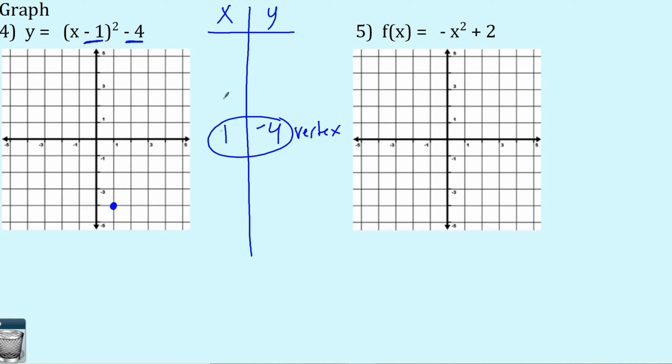So pick numbers above it, 2 and 3, and pick numbers below it, 0 and 1. Then we plug those into our equation. So 3 minus 1 is 2, 2 squared is 4, 4 minus 4 is 0. Plug in 2. 2 minus 1 is 1, 1 squared is 1, 1 minus 4 is -3. Plug in 0. Plug in 1.